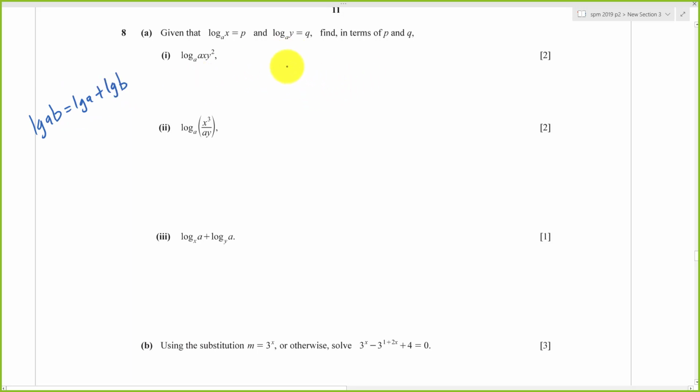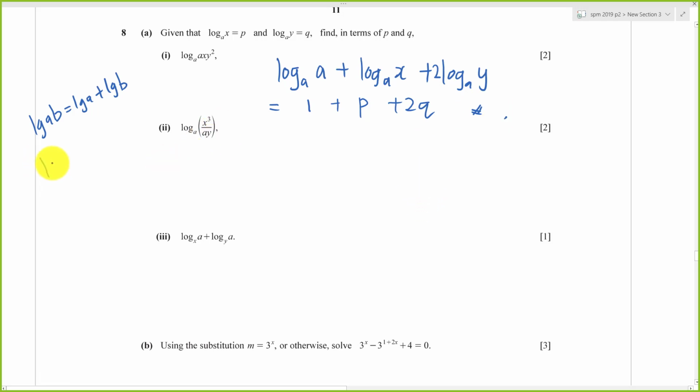So what I will do over here is expand them. So it becomes log a of a plus log a of x plus log a of y squared. And the log rule tells me that the square I can move to the front, becoming multiply. Log a of a is 1. Log a of x is p. Log a of y is q, plus 2q. Done already. These 2 marks are very easy.